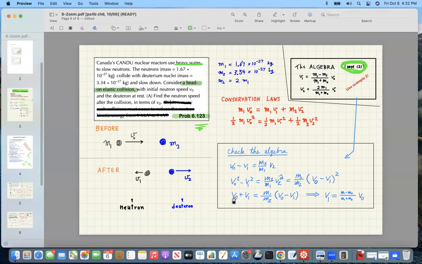Then I'll have the v0 plus v1 factor, times m2 over m1, equal to the leftover factor of v0 minus v1. Now, this is just a simple equation for v1. So you solve that for v1. v1 will be proportional to v0 and this ratio involving the masses. That tells you v1, that's this equation. And as for v2, you just get v2 from this equation. So that'll give you this equation.